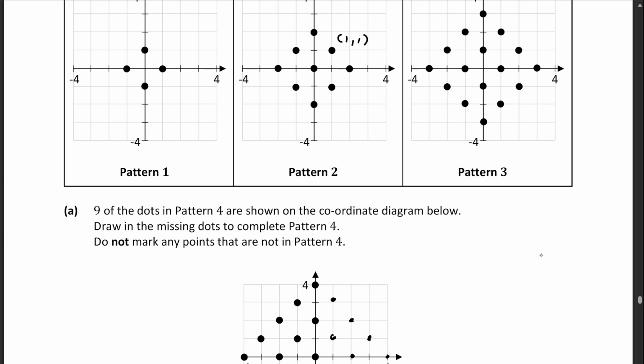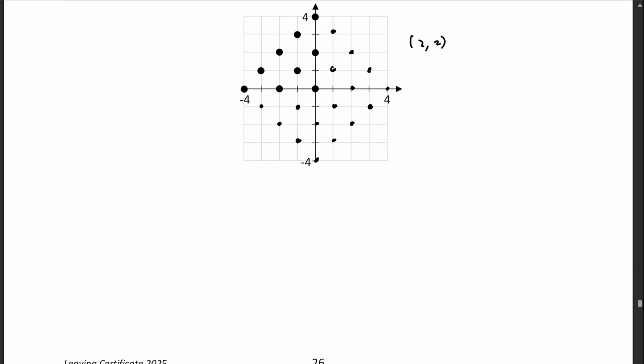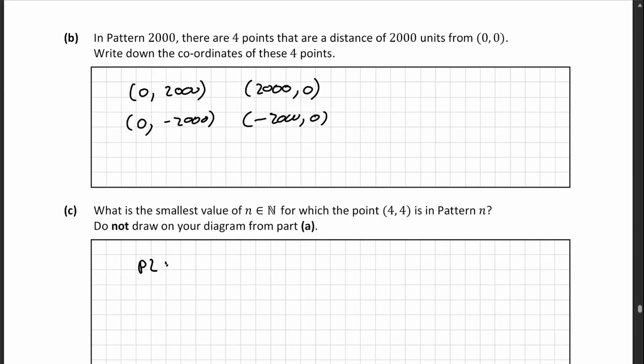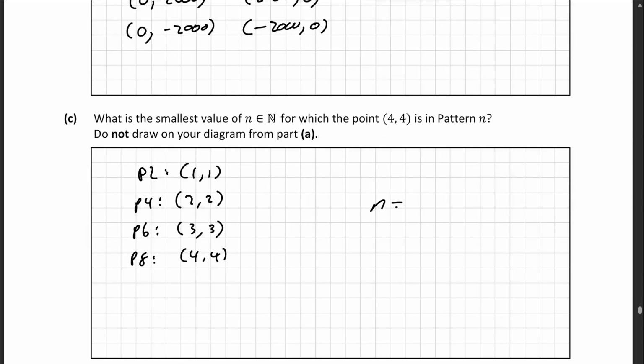Here we have 1, 2, 2. So if pattern 2 has a 1, 1, and pattern 4 has a 2, 2, that means pattern 6 is going to have 3, 3, and by that logic pattern 8 is going to have 4, 4. So n equals 8.